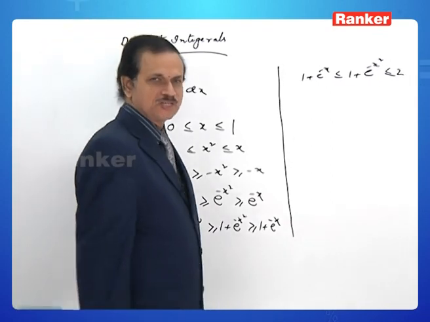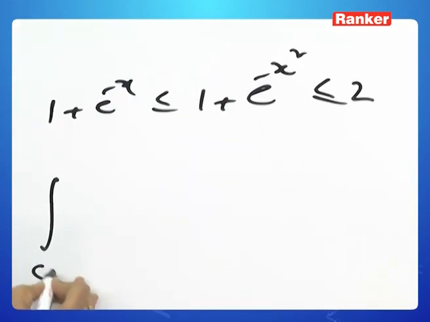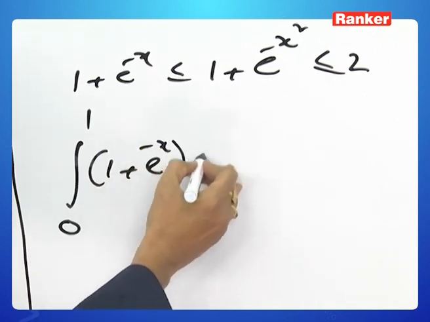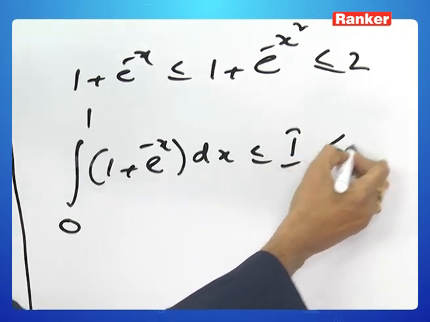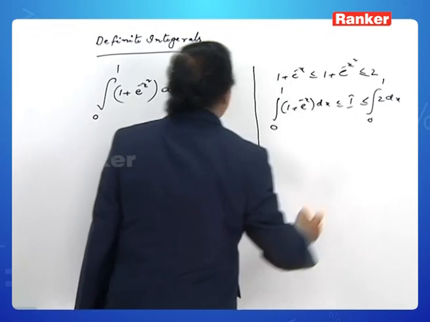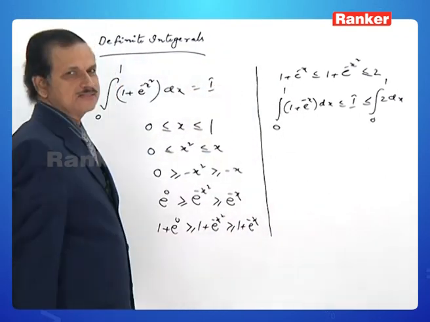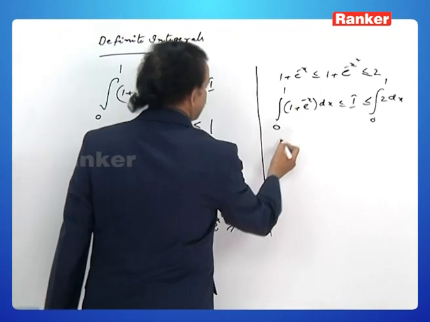Basing on a particular mean value theorem in integral calculus, we have integral 0 to 1, 1 plus e power minus x dx less than or equal to I less than or equal to integral 0 to 1, 2 dx. I mean to say this is I. We could have taken this integral to be some I. Okay, what is this integral?